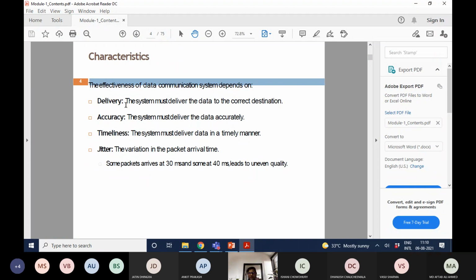That variation is called jitter. For example, some packets arrive at 30 milliseconds and some arrive at 40 milliseconds. This kind of characteristic is called jitter. It should not be too high. So these are the different characteristics: delivery, accuracy, timeliness, and jitter.